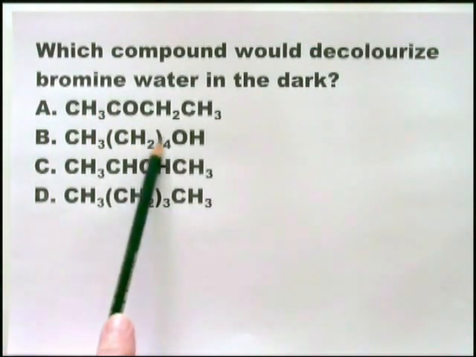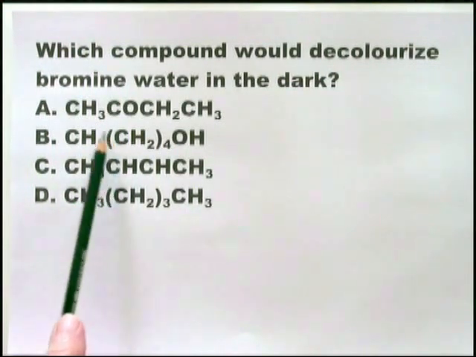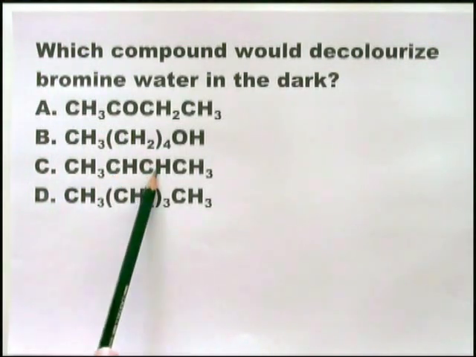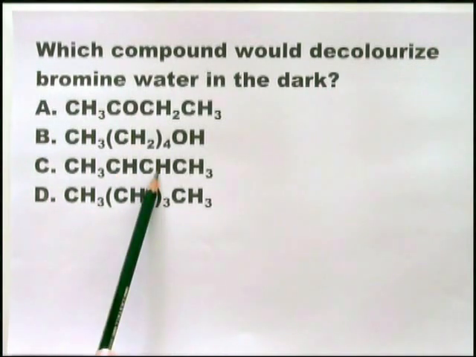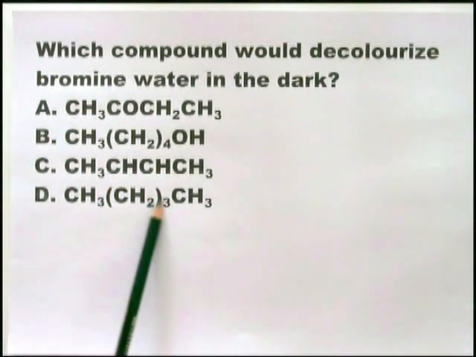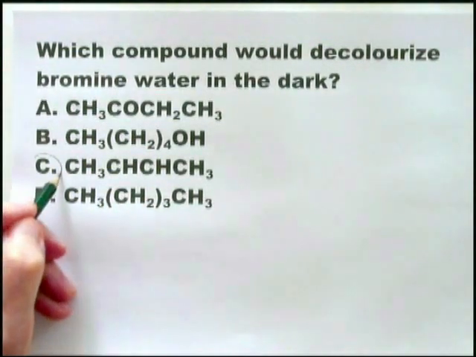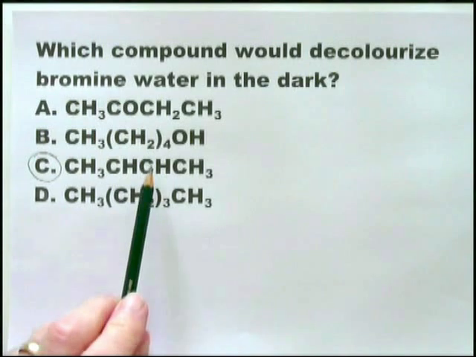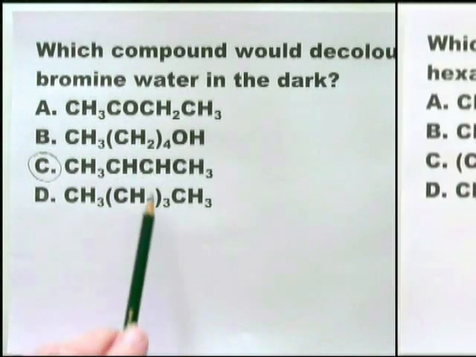This is all saturated, so it's not going to be affected by bromine water. And then we come to this one, the CH=CH. That is the indicator of a double bond. And this is all saturated, so that's not there. So the answer is this one. You're looking for a carbon-carbon double bond, and a CH=CH is indicative of a double bond between the two carbons.